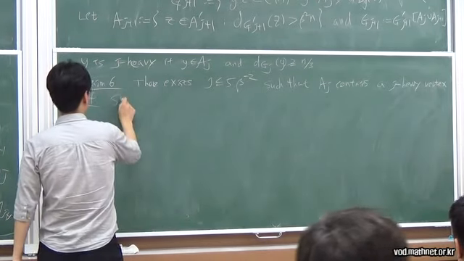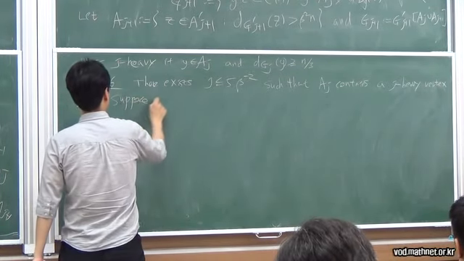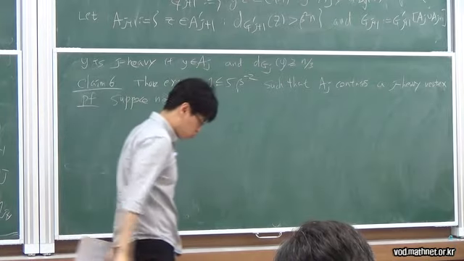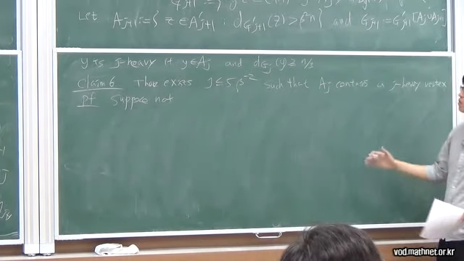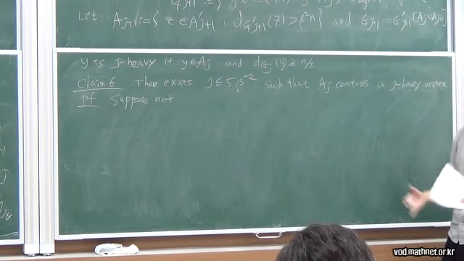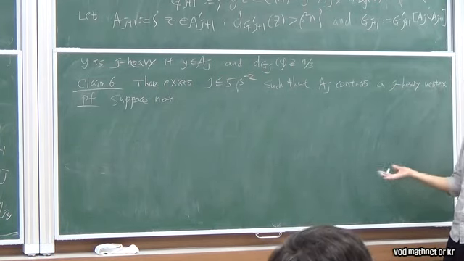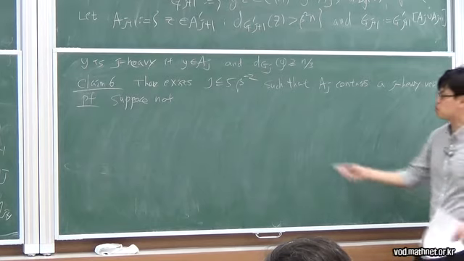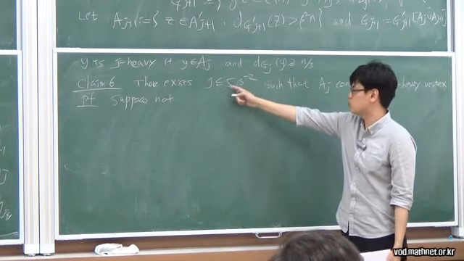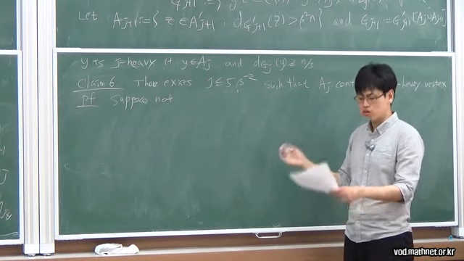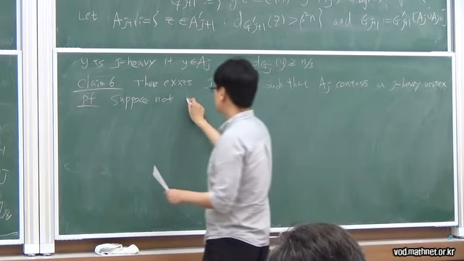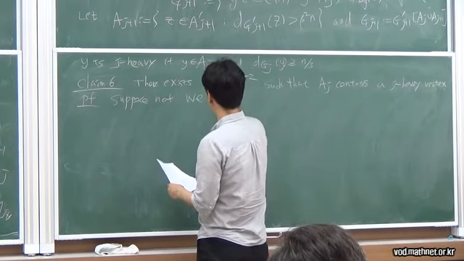So suppose not. If that's not true, then what we will show is that the level keeps expanding. And because it cannot expand too much, we will get a contradiction. Because what it says is that it keeps expanding up until 5 times beta to the negative 2 steps, but that's impossible if this happens.